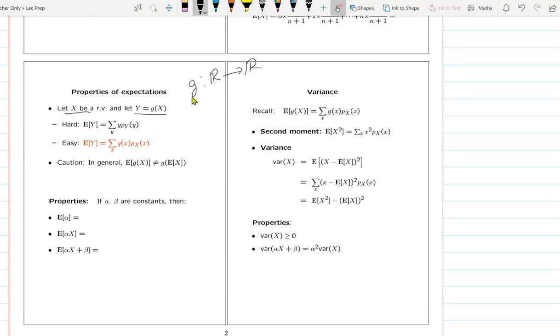As long as g is a function from real numbers to real numbers, g of X is also a random variable. Everybody agrees? Take any function from real numbers to real numbers, you apply g on a random variable. That's again a random variable.